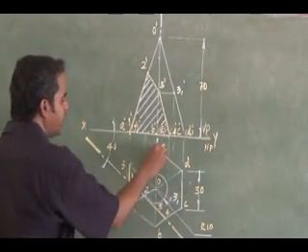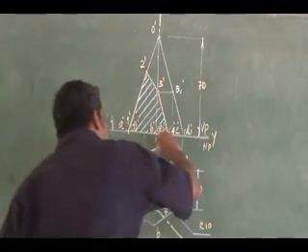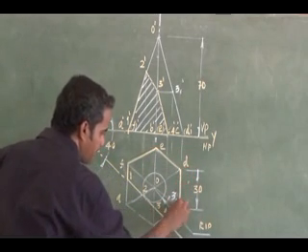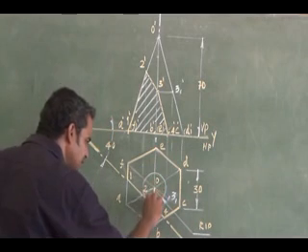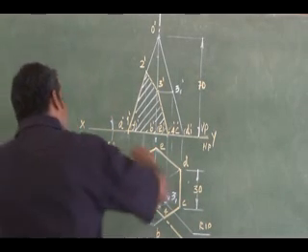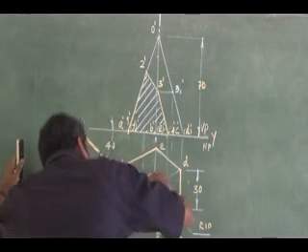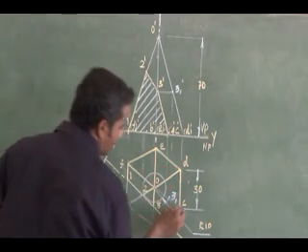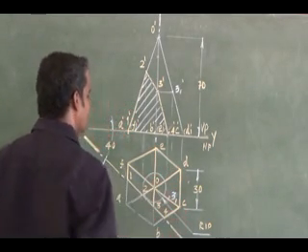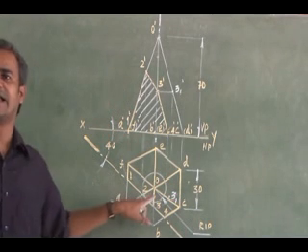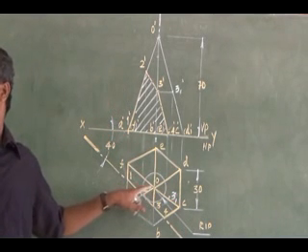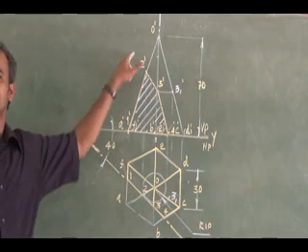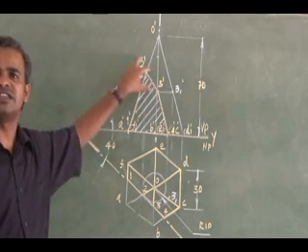So that alone you have to draw, retained top view alone, showing the retained slant edges also. So this is my retained top view. Then this is my sectional front view.